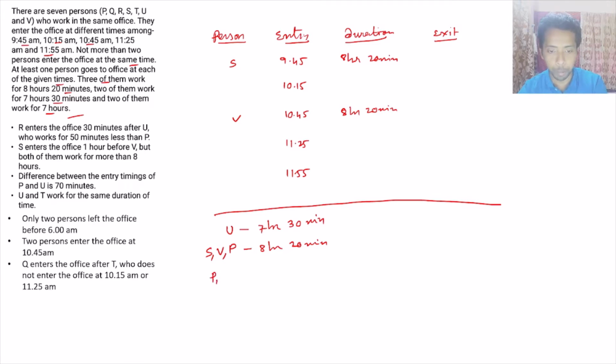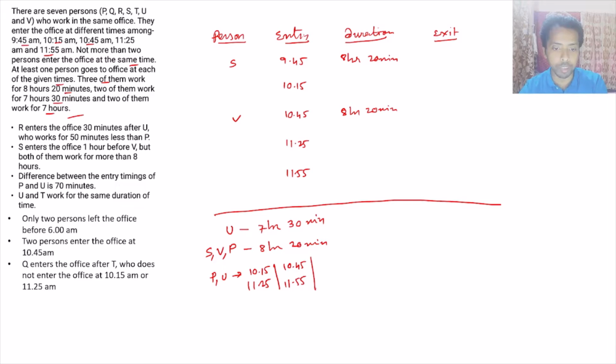We don't know which timing is for P or which for U, but this is confirmed that the 2 timings for P and U are 10:15 and 11:25. And another condition, 10:45 and 11:55.